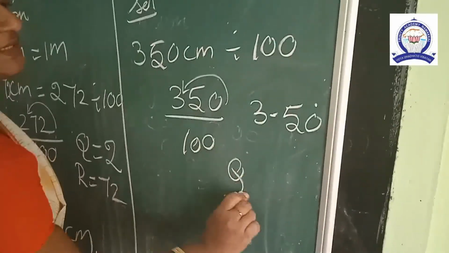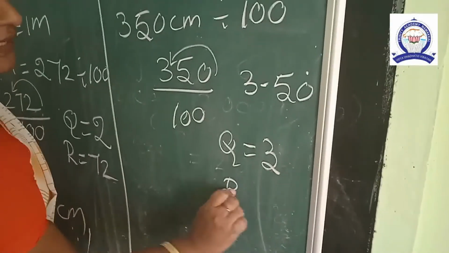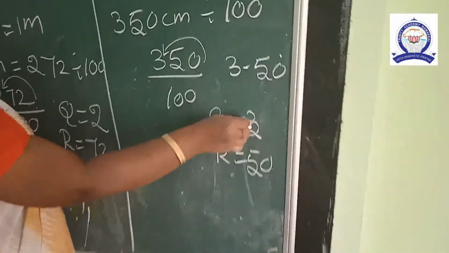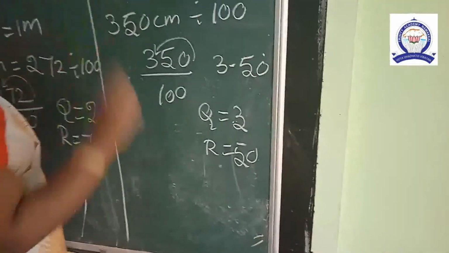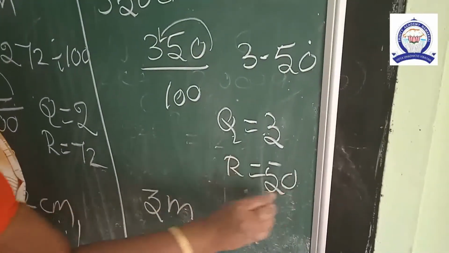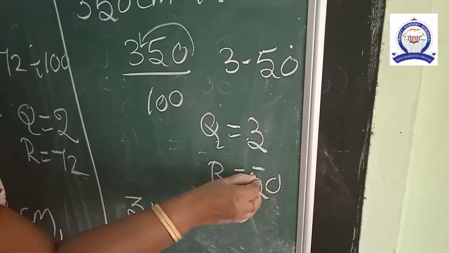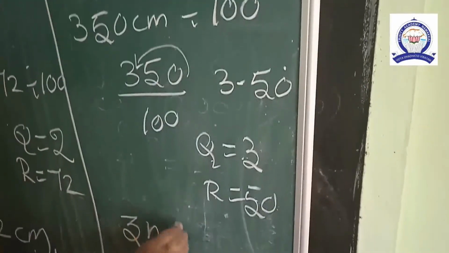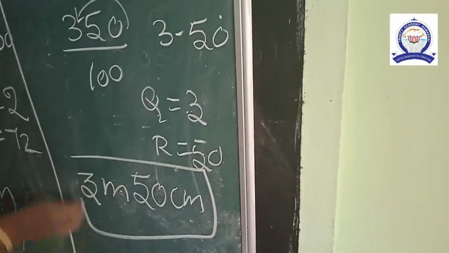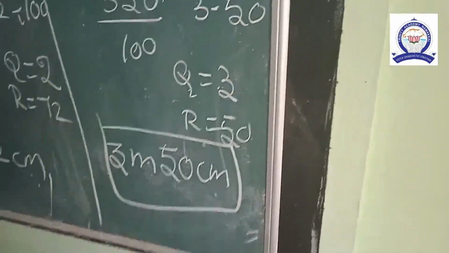So the quotient is equal to 3, the remainder is equal to 50. You write the quotient 3 in meters. So the answer is 3 meter. You write the remainder 50 in centimeter. So 50 centimeter. This is your answer. Let us see another sum.